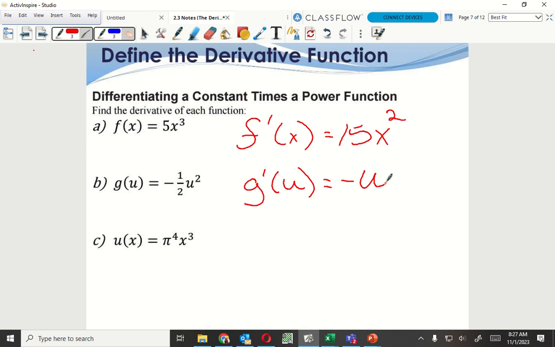All right, you ready, Denny? Okay. So, what am I going to call this one? U prime of x, right, is equal to, Denny, what you got? 3x squared.